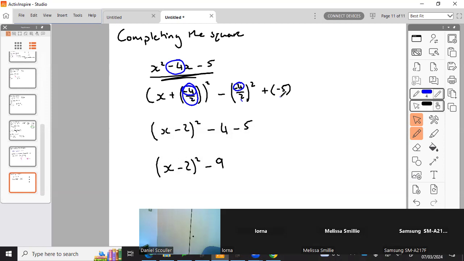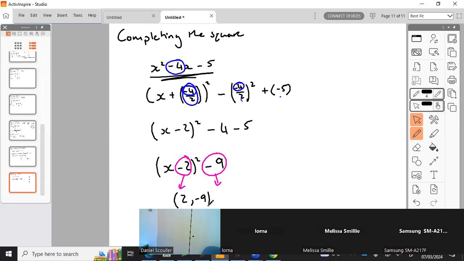All right. So how does that tell me the turning point? Why is that relevant? Well, from this, we take the value that we find here, and we take the value we find here. That is going to give us our x term, and that's going to give us our y term. But it's not as easy as saying -2. It's actually that changes into the opposite sign, annoyingly, and then the y term stays as it is.